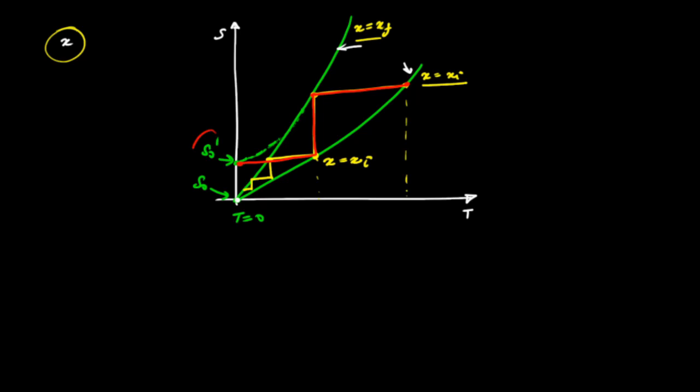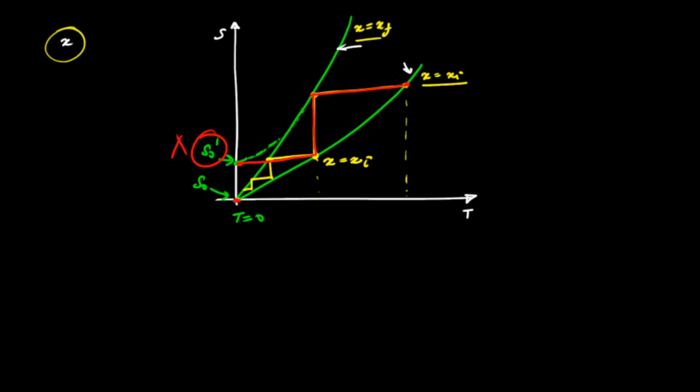But this is not allowed by the third law. What it says is that both of these curves should meet at a common point, and that leads to the Nernst unattainability principle, that in a finite number of steps you cannot attain absolute zero temperature.